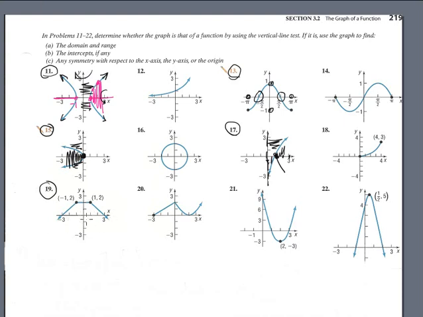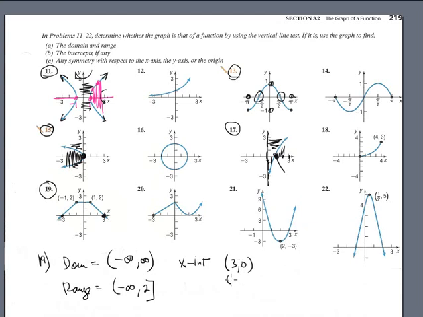When you're projecting onto the x-axis, the domain is all real numbers. However, the range, no. The range you see is only this part, negative, and it stops here at 2. So it is negative infinity, comma 2, and includes 2. The x-intercepts are this point and this point: (3, 0) and (-3, 0).